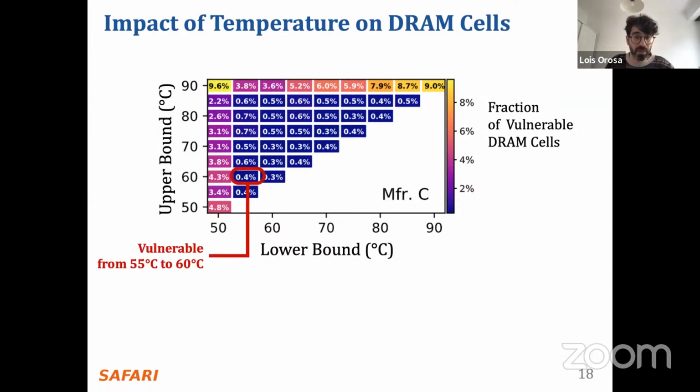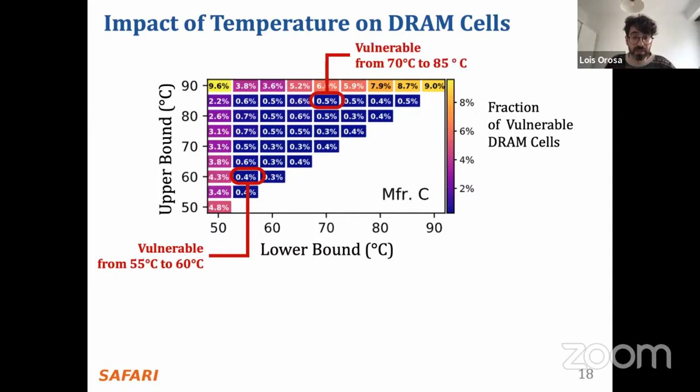For example, 0.4% of the cells are vulnerable to RowHammer only between 55 and 60 degrees Celsius, meaning that these cells do not observe any bit flip at 70 degrees or 50 degrees or 45 degrees. They only observe bit flips from 55 to 60 degrees Celsius.